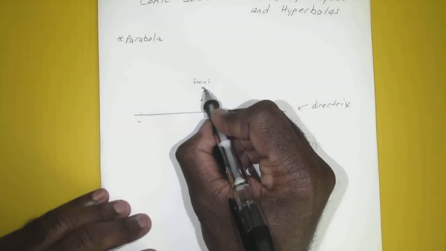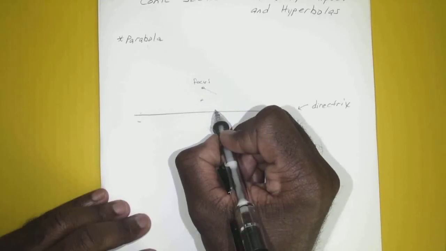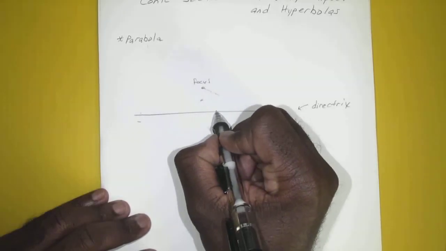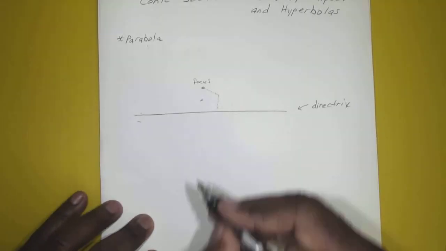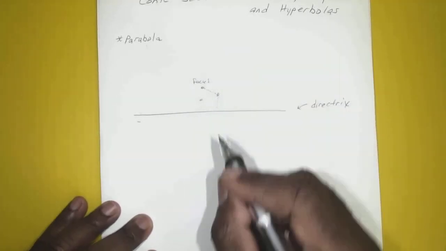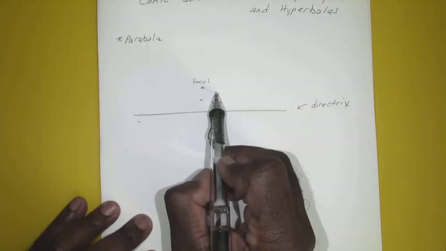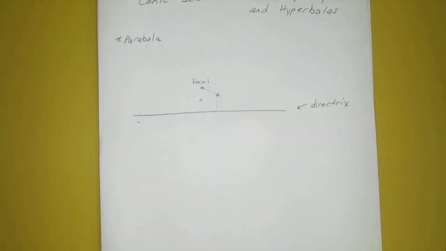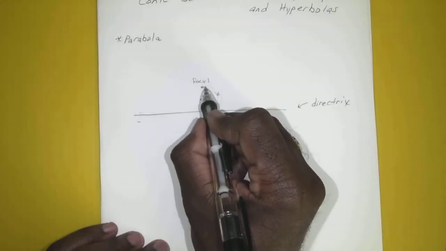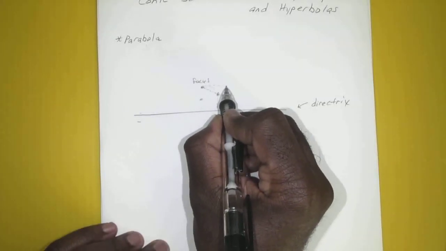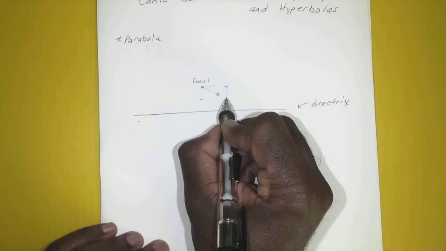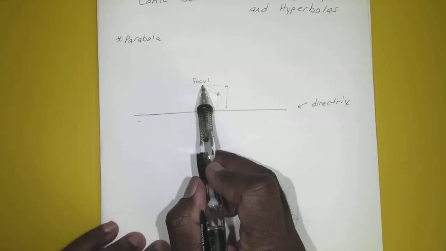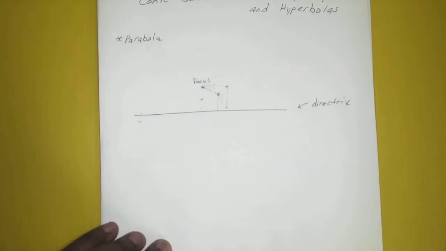So let's say we go from here to here, where this point shows us that the distance from the focus and this point to the directrix are the same. Let's say we do the same thing. So we find a point here, where the distance between the focus and the directrix are exactly the same.